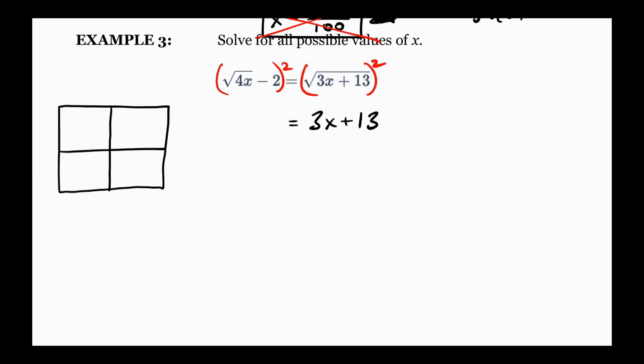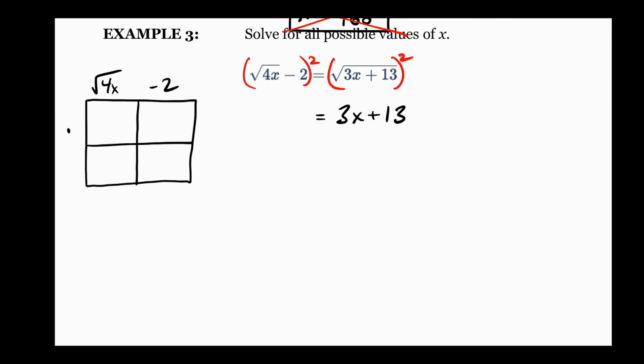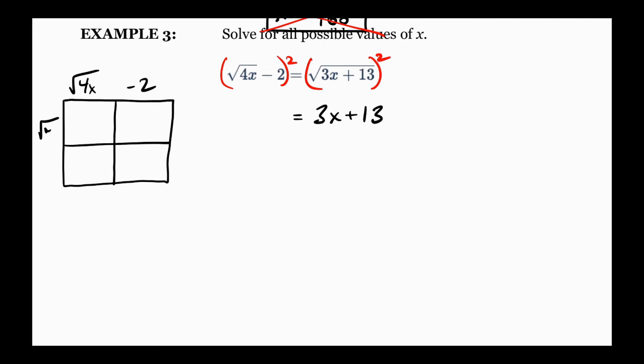Square root of 4x minus 2 on both sides. When I multiply square root and square root, I can do that. Square root here, square root here. I can multiply those.